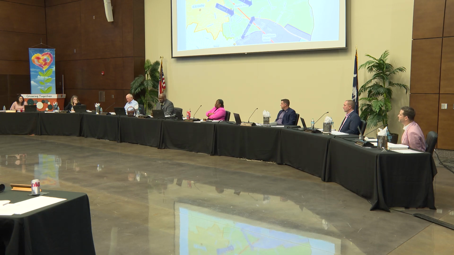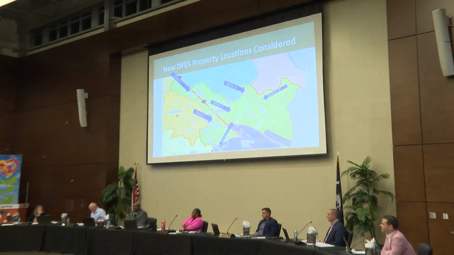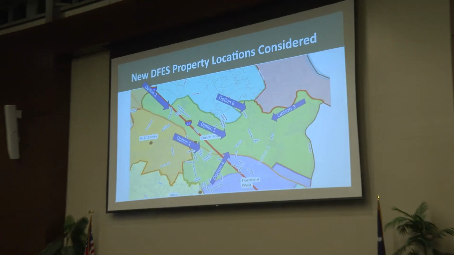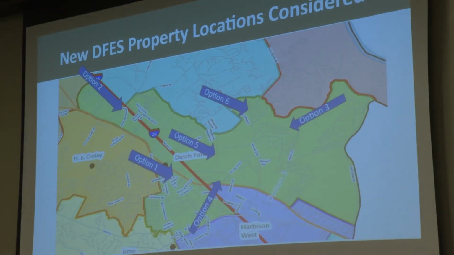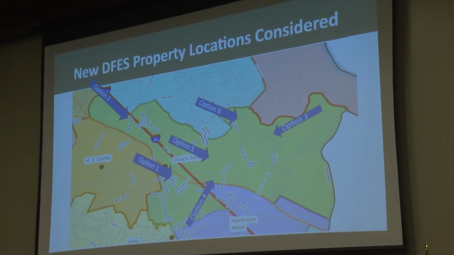At that time, when we looked at the existing Dutch Fork attendance zone, we could locate 6 sites that had the acreage that you should put an elementary school on. It is safe to say that this green zone, which is Dutch Fork Elementary's current attendance zone, is kind of maxed out on places where we can get acreage.